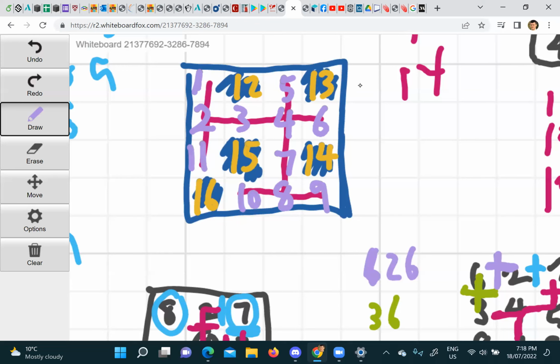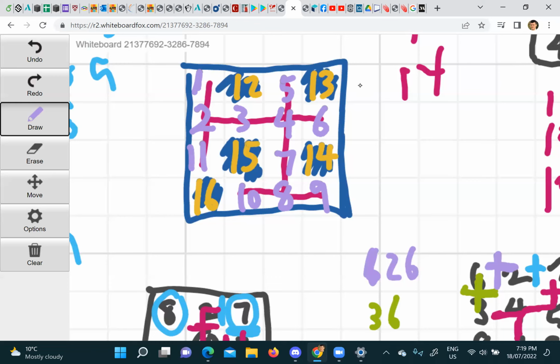So basically I label the red stuff anything I want. I label the blue stuff the next highest numbers. So the blue stuff I can count from n squared down, and for the red stuff I can go from 1 up. And obviously it'll use up all the numbers.